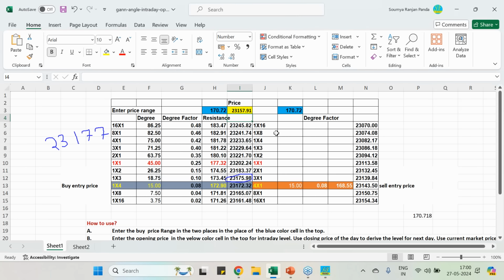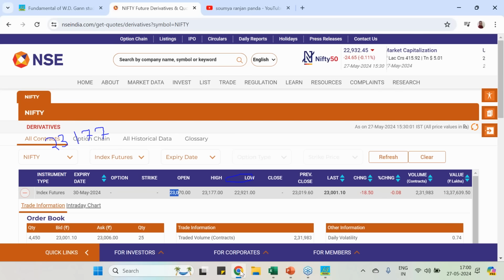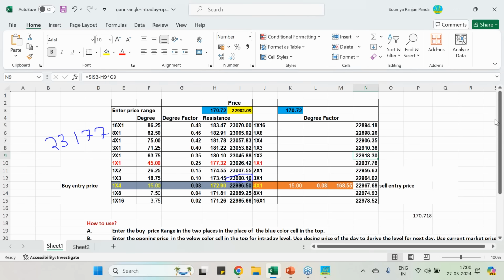Similar results you can get on the downside also. What happened after touching 22,982.09? If I replace it, you'll get a similar result. One of my targets is 22,918.30, and the market entered the second cycle and went down to 22,921.